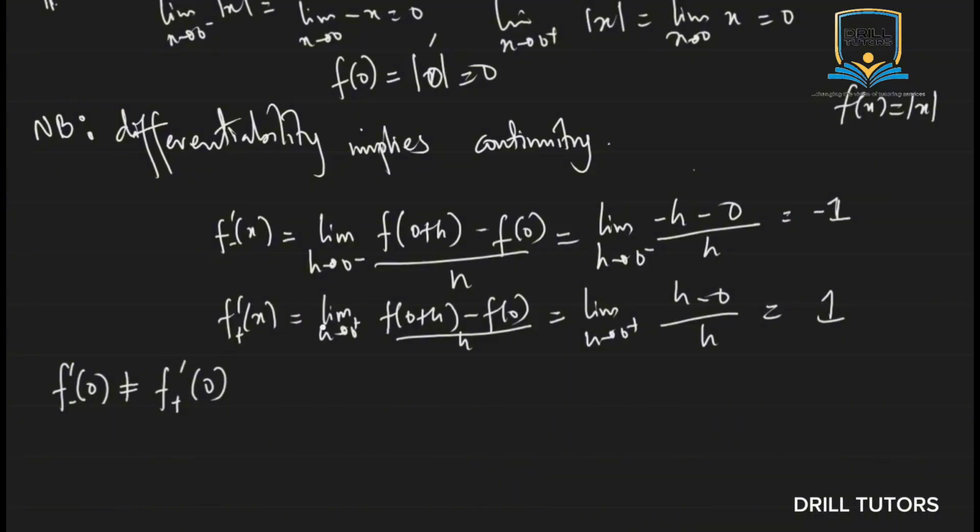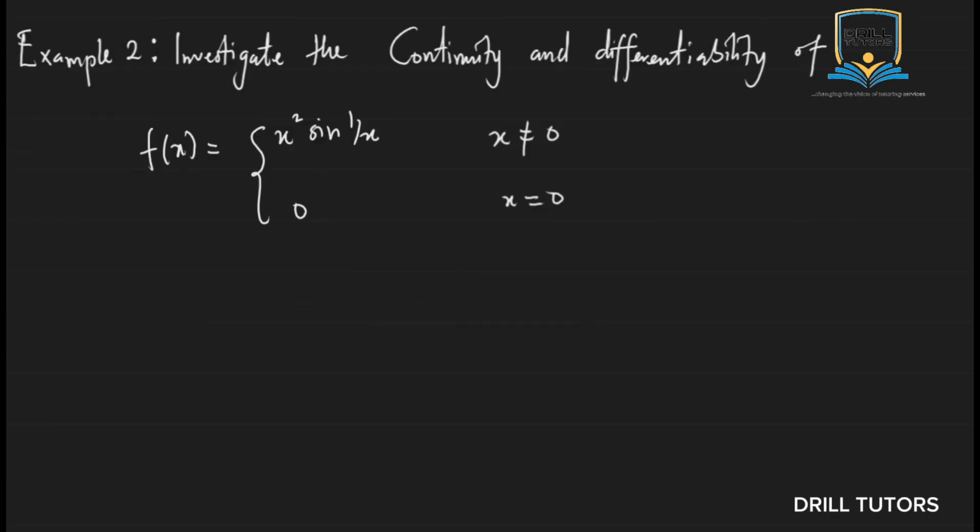Now, let's solve another question that looks like this, but a little advanced. We will now solve questions that have intervals so that it will make more sense to you. Alright, they want us to investigate the continuity and differentiability of this function. Now listen very well. The initial function I gave you was defined as modulus. This deals with signs, so you know something is coming from the left and from the right.